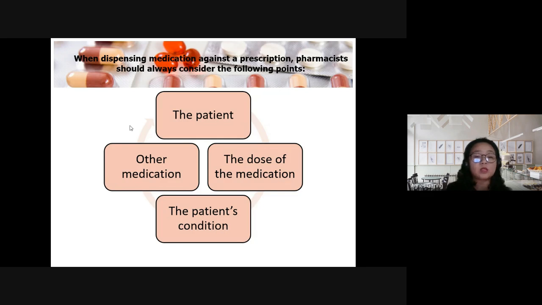It might cause toxicity to the patient if the liver is not yet fully developed, so hindi pa nakapag-produce ng madaming enzyme yung baby. So, that may be a problem. So, that's why it's very important for us.